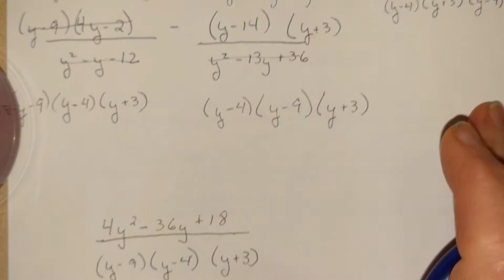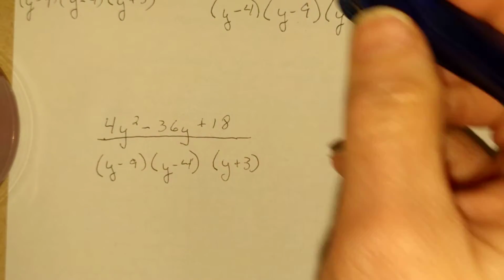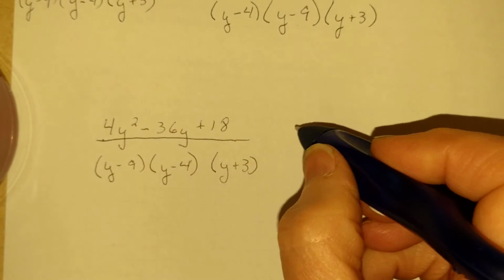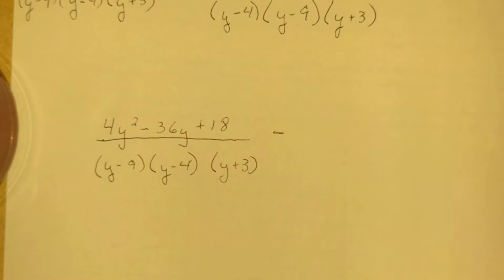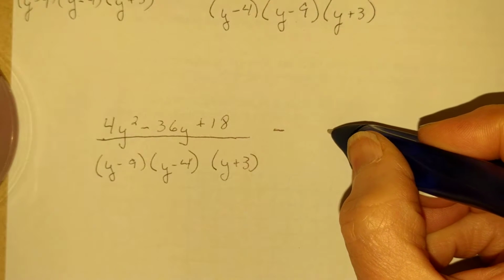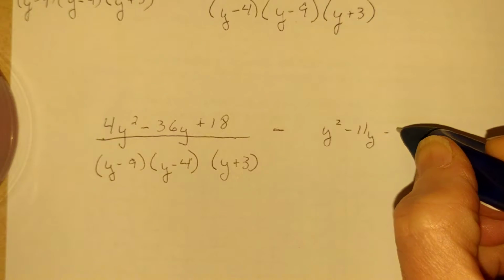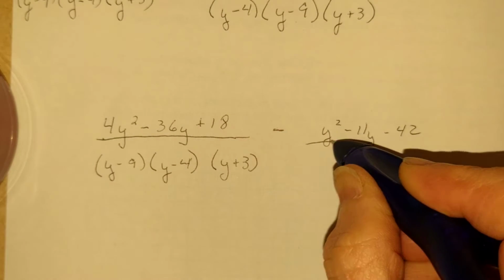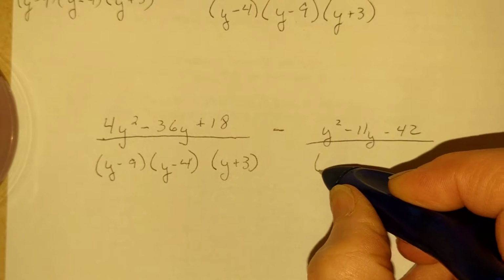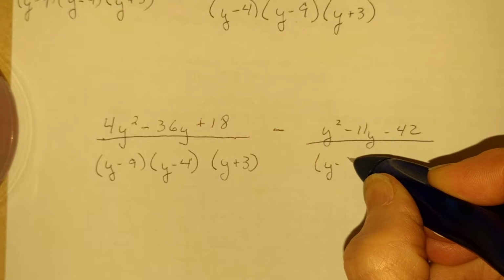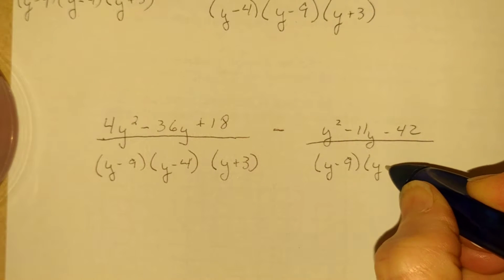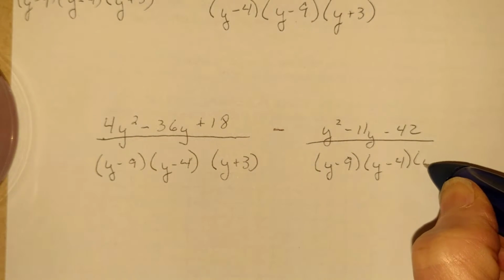And I'm going to write that down here. It's a subtraction problem, so I'm going to put my subtraction there, and I'm going to put down y squared minus 11y minus 42 over y minus 9 times y minus 4 times y plus 3.